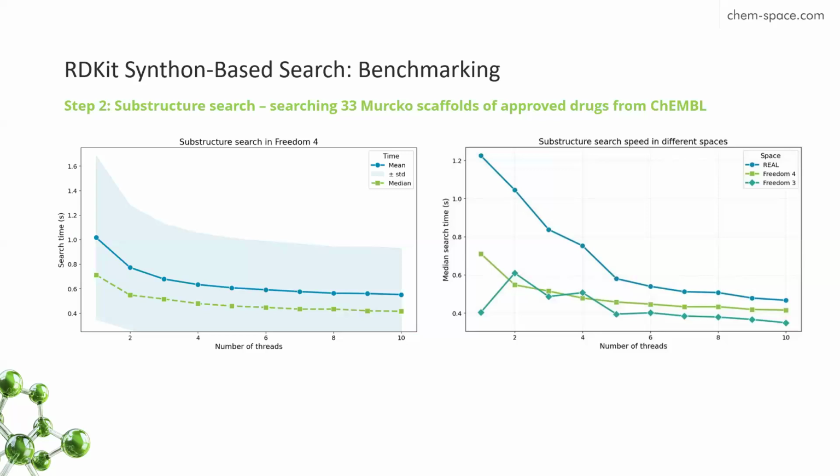The second thing we did is we performed different kinds of searches, and here we tested several parameters. I'm going to slightly talk about them. On the x-axis, you can see the number of threads. This is a parameter that you can input into the search to make it faster, as you understand. We tested the search times for different spaces on a different number of threads, so you can see the performance.